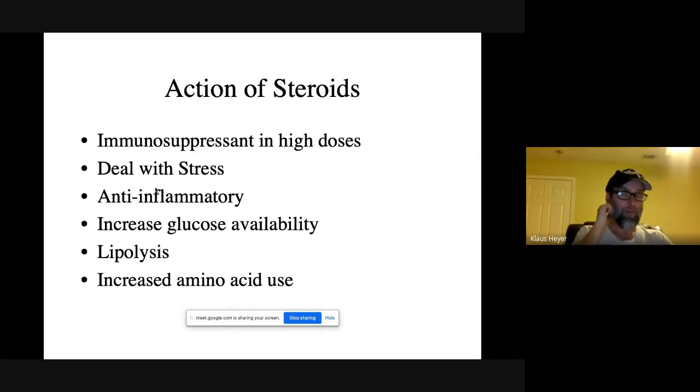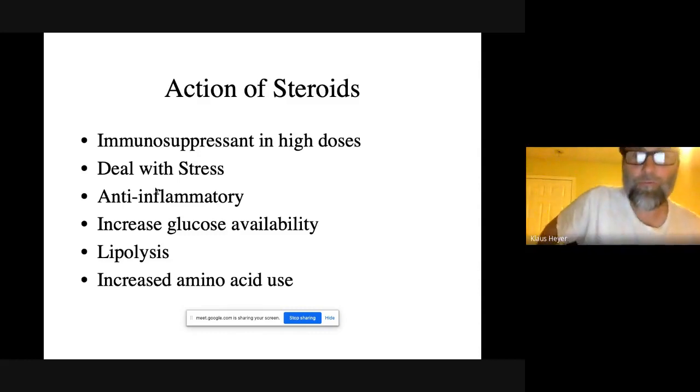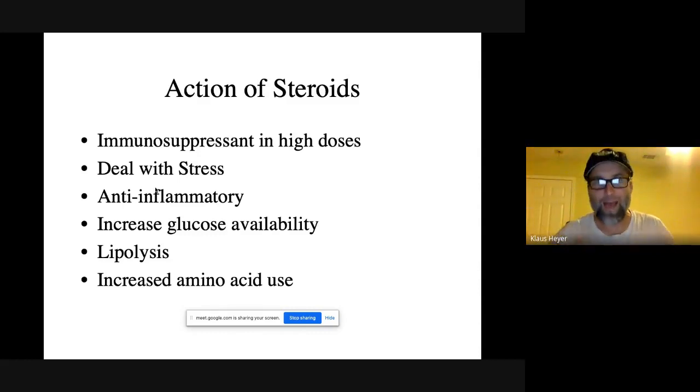It helps you deal with stress: mental stress, emotional stress, physical stress, stress in all understandings we have of stress. Steroids are anti-inflammatory. That's another reason that it's given. So if you have tendinitis, a steroid shot is going to help you pretty quickly. So it's anti-inflammatory.